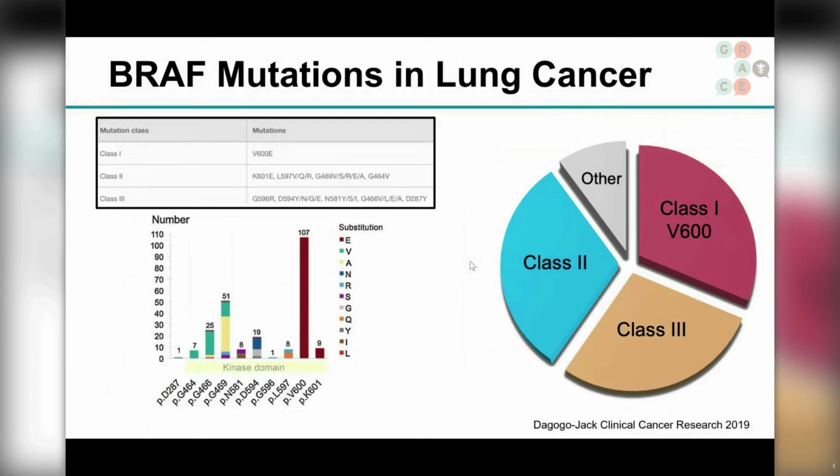But as captured here, and this is based on an internal study we did here at Mass General in collaboration with Dana-Farber, where we assigned BRAF mutations to distinct classes, what we found is that there are still mutations that we don't know if they're class 1, 2, or 3, meaning we don't know the functional consequences of them. But for the most part, about 40 to 50% of mutations are class 1, and the remainder of the mutations, if we know their function, are subcategorized into class 2 and class 3.